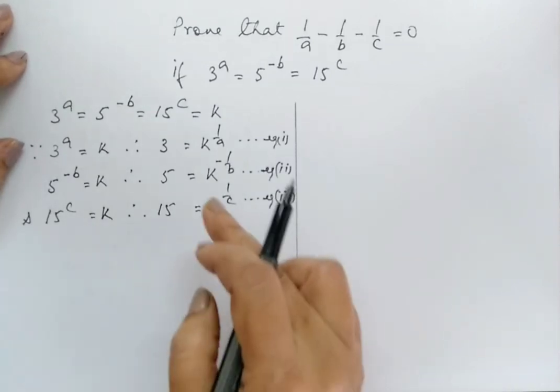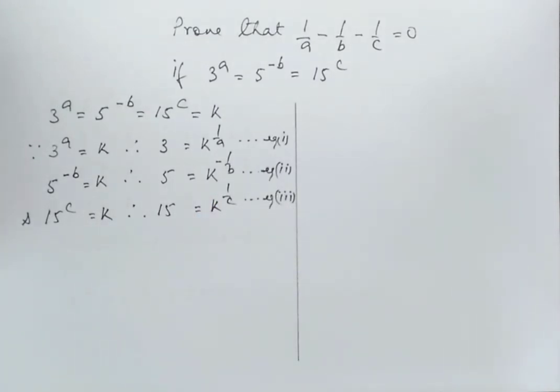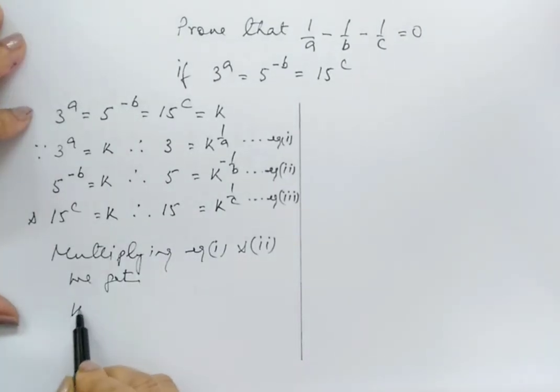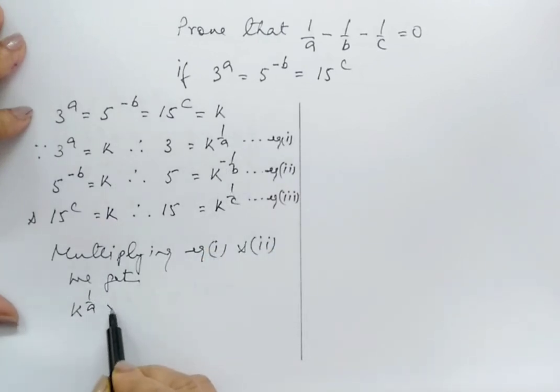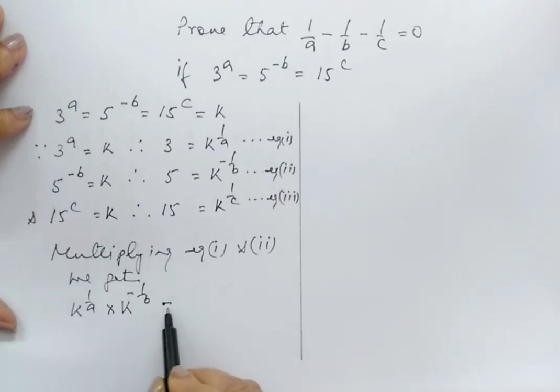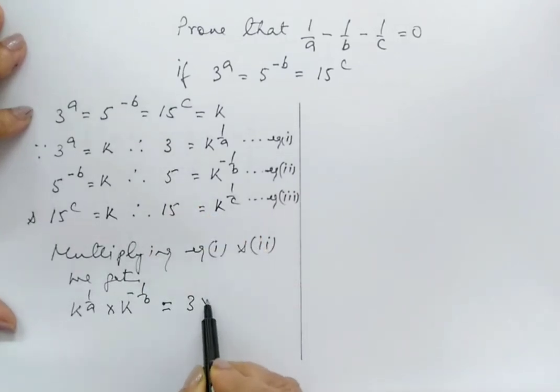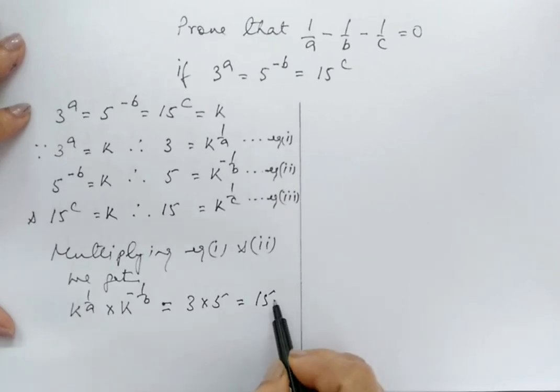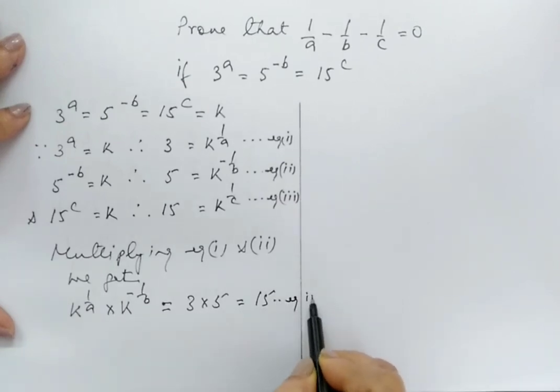So if we were to multiply equation 1 and 2, what shall we get? k to the power 1 by a multiplied by k to the power minus 1 by b is equal to 3 multiplied by 5, isn't it? Which is equal to 15, correct?